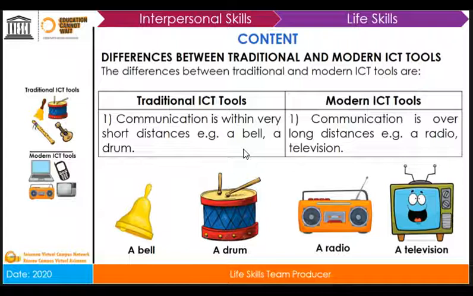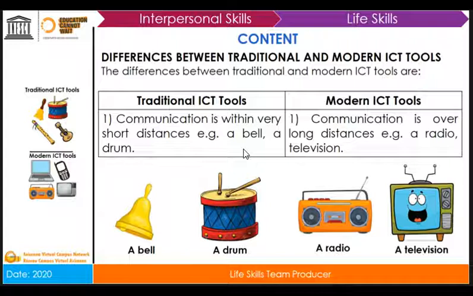Now, like I said earlier, traditional ICT tools help you to communicate within very short distances.